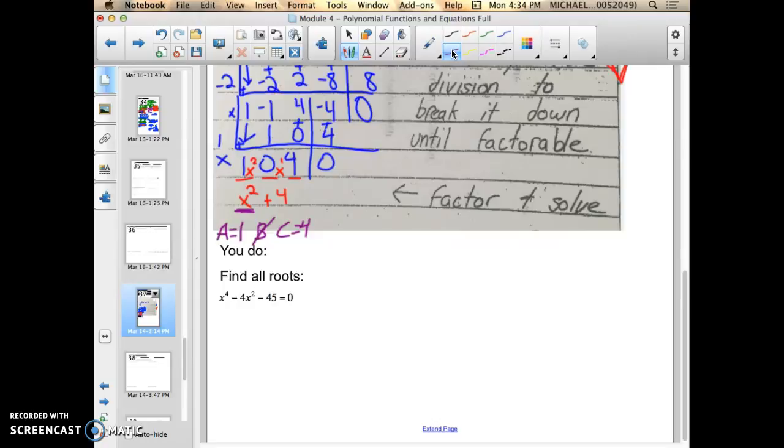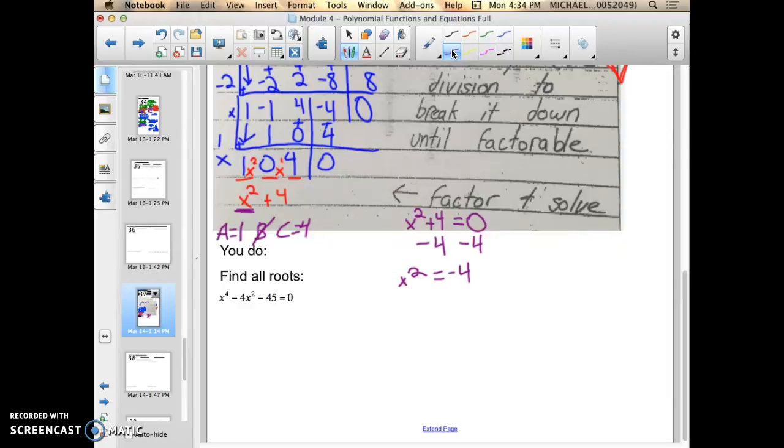So when I solve anything, I have to set it equal to 0, and I'm going to rewrite it over here. X squared plus 4. I have to set it equal to 0, and then I have to solve for x, get it by itself. So the first step is to subtract 4 from both sides. So then I have x squared equals negative 4.